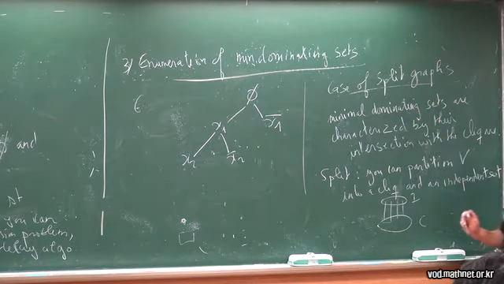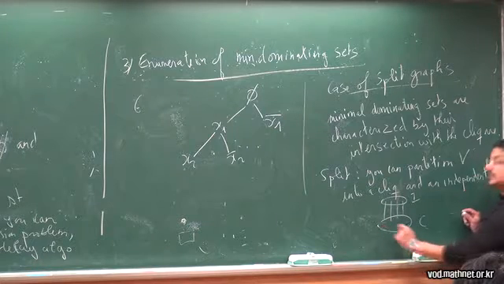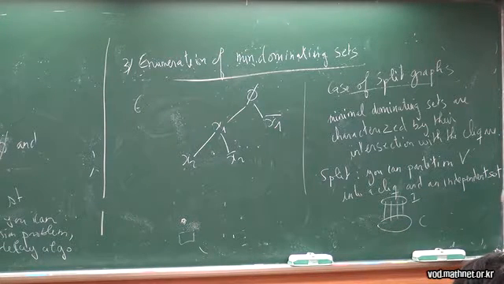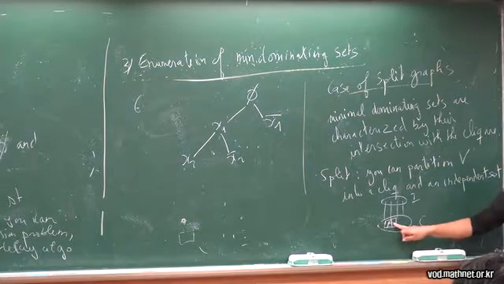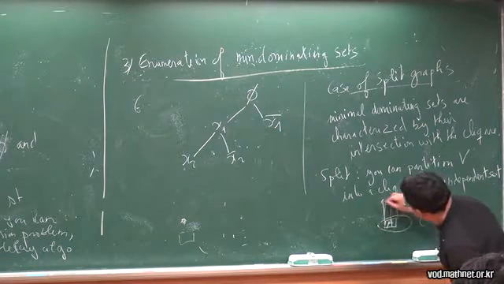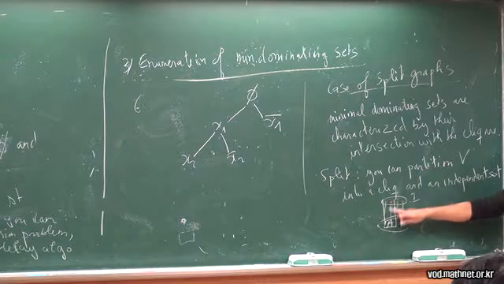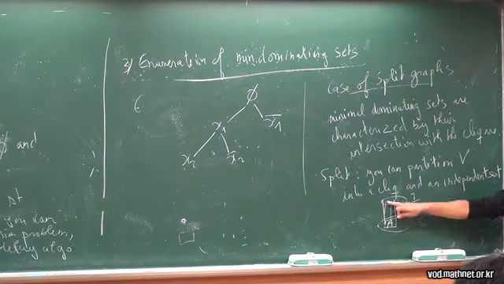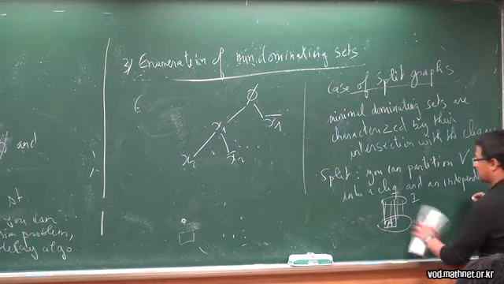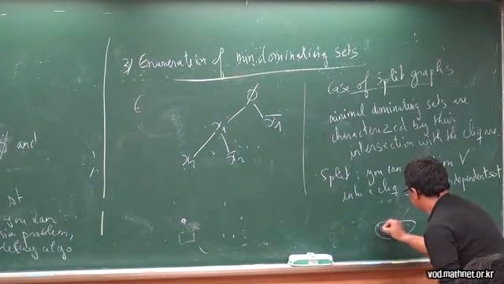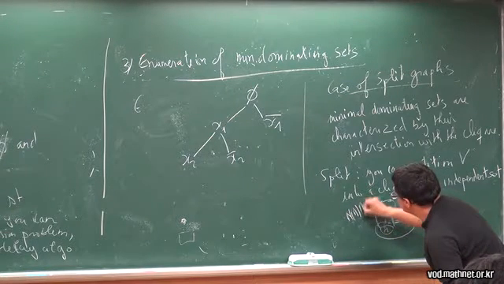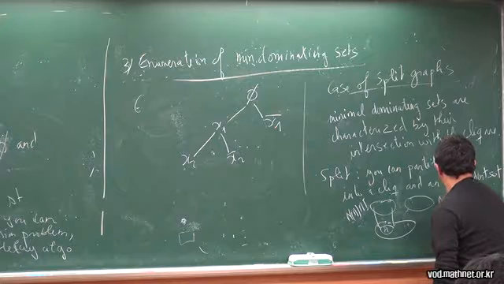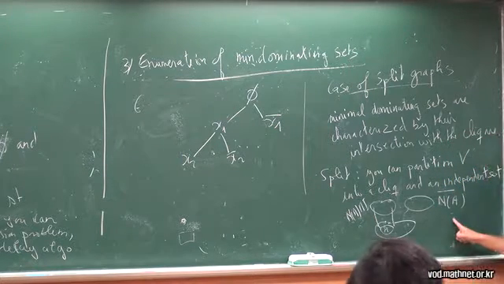Now if you take a minimal dominating set and look at its intersection with the clique, then it exactly characterizes the minimal dominating set. Why? If you give me something here, A, A dominates C. Now you look at all its neighbors in I. You have A, you have N(A) intersecting I, and this is the complement.